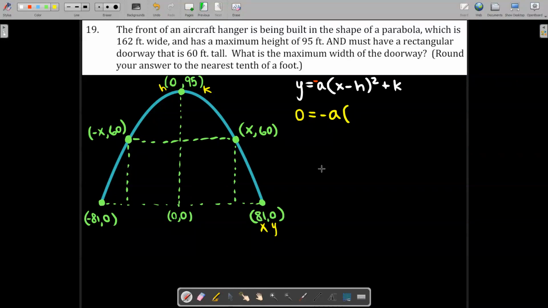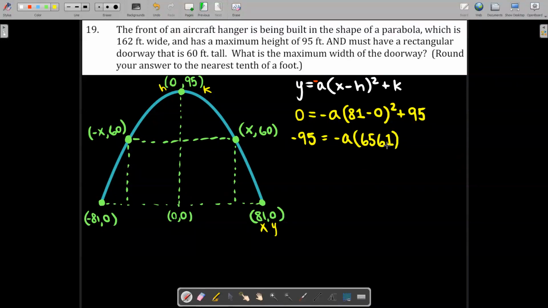The X value is 81. The H value is 0, so minus 0 squared, and then the K value is 95. So let's solve this for A. I subtract 95 on both sides. Negative 95 equals negative A. This is 81 minus 0, which is just 81, and then 81 squared, an enormous number, is going to be 6,561.